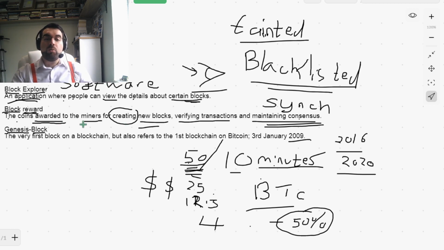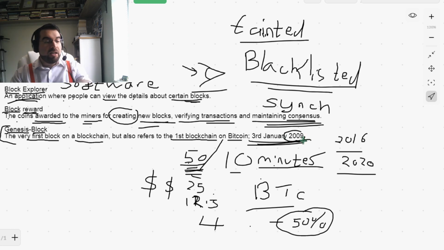That gets awarded to the miners for verifying transactions, creating new blocks, and maintaining consensus, which is keeping things in sync. But the Genesis block, however, is the very first block on the blockchain, but also refers to the first blockchain on Bitcoin, 3rd of January 2009.